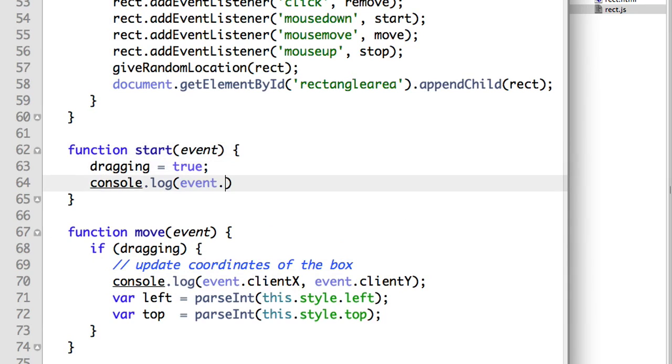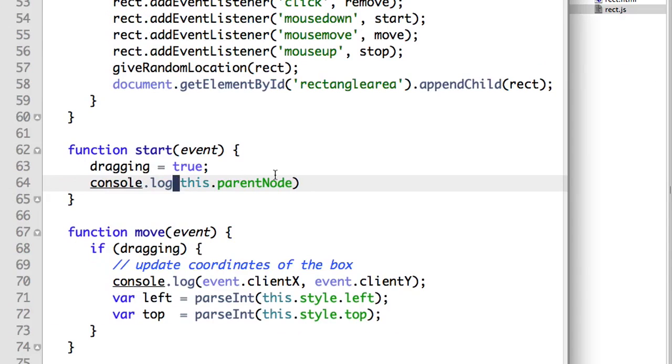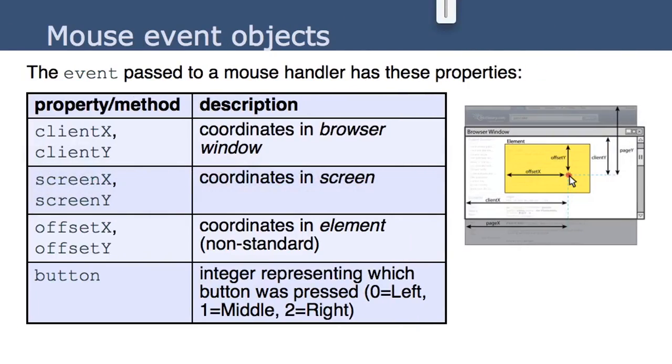This is the box that we clicked on. Its parent node is the node that contains it, the DOM object that contains it. Why don't we say, let's just alert that.